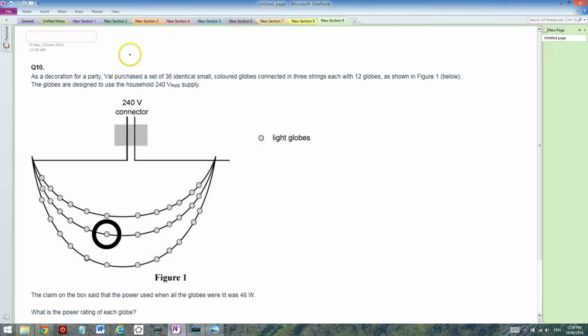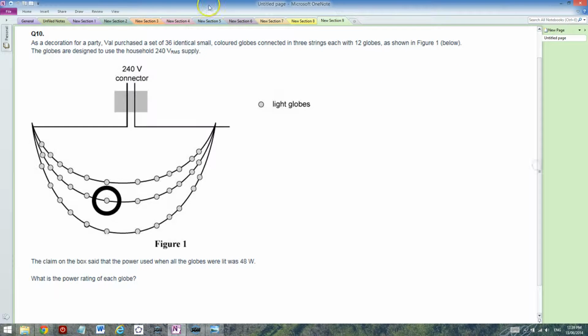Question 10. Just read the question, we have 36 globes connected in 3 strings, so each string is parallel to each other, and each string has 12 globes.